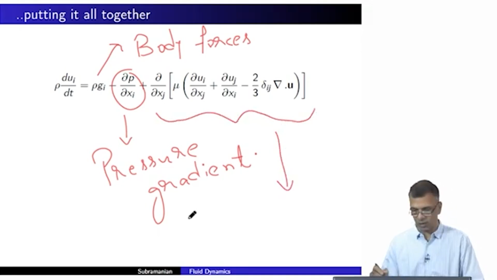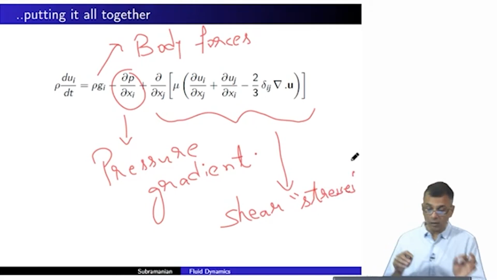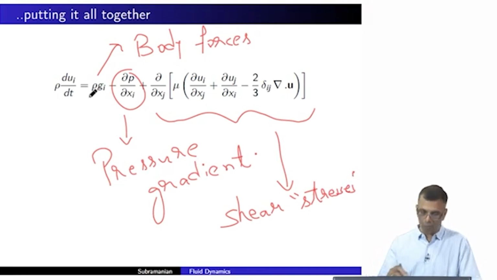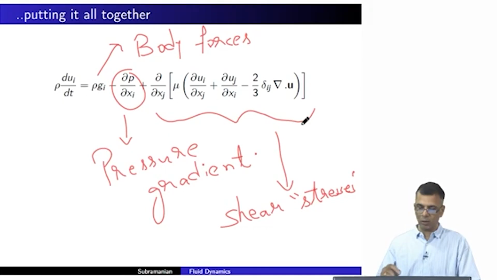These are shear stresses. I put the stresses in quotes because this is really the force arising from shear stresses. So, this is a force, that is a force, there is also a force that is arising from shear stresses. And this obviously has to do with viscosity.